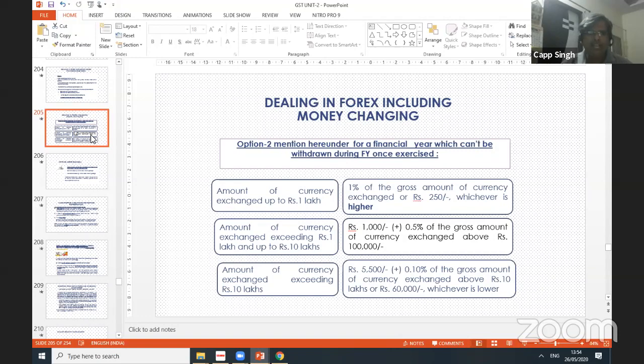If more than 1 lakh and less than 10 lakh, then 1,000 plus 0.5% shall be the value of supply. Above 10 lakh, 5,500 plus 0.10% of the gross amount shall be the value of supply. So it is a calculation like that.